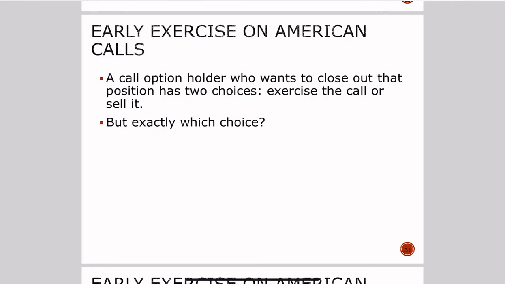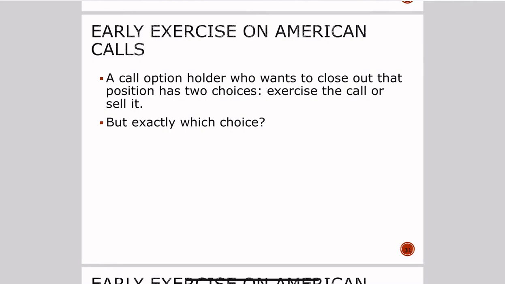You can exercise your option anytime on or before the expiration date. But for European options, you can only exercise on the expiration date. So you have much less flexibility with European options.